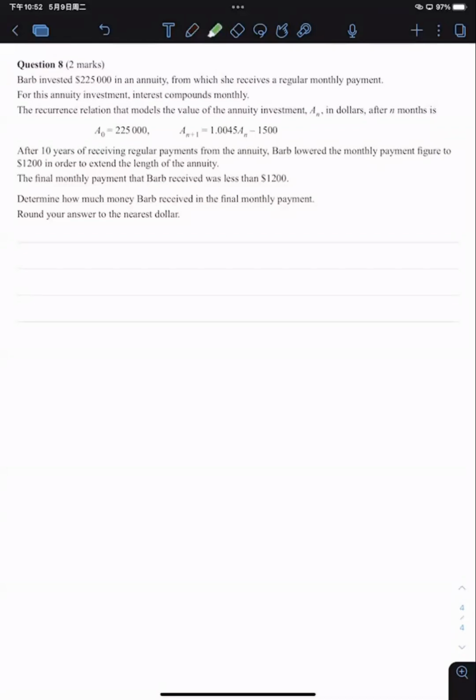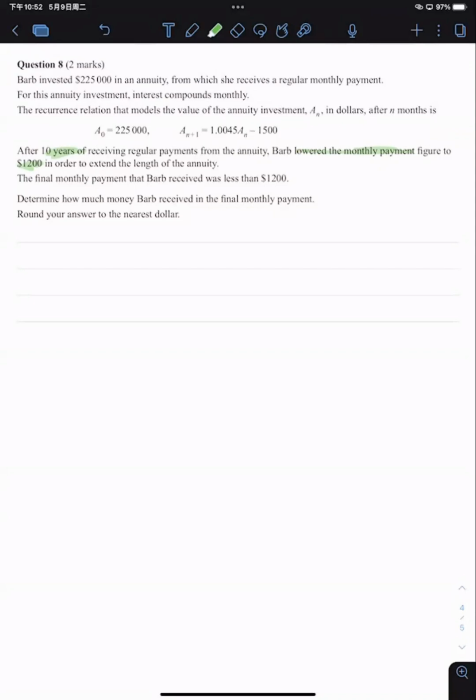After 10 years, Barb lowered the monthly payment figure to $12,000. So in the first 10 years, she received $1,500 every month. And after 10 years, she changed her mind. She received less to make sure she can extend the length of the annuity.